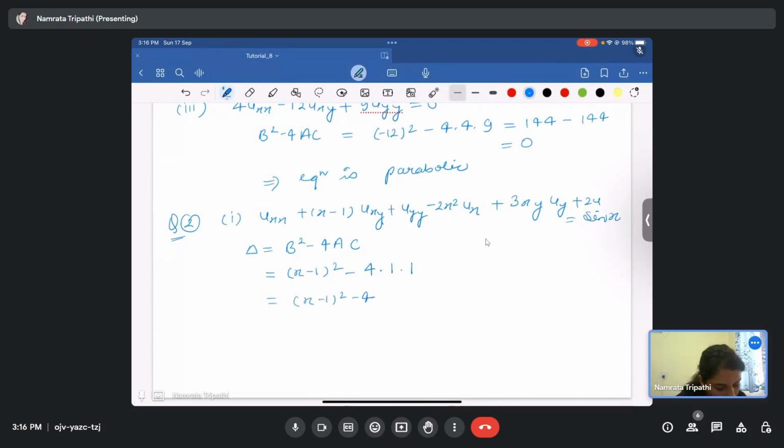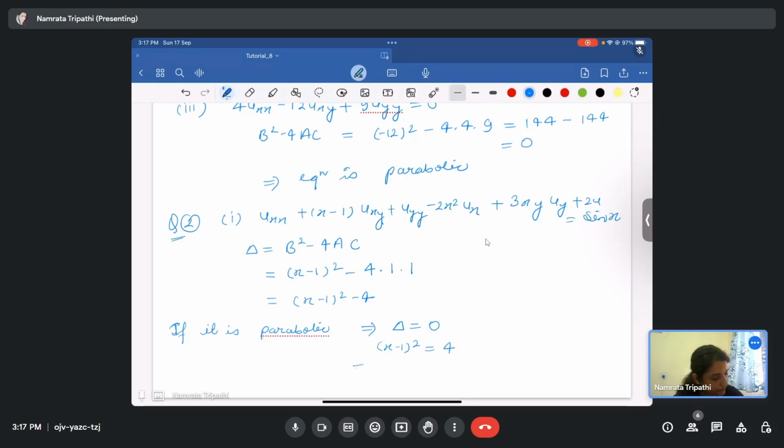Fine. Now first of all, you have to tell the condition. Suppose it is parabolic, then that means (x minus 1) whole square is equal to 4.